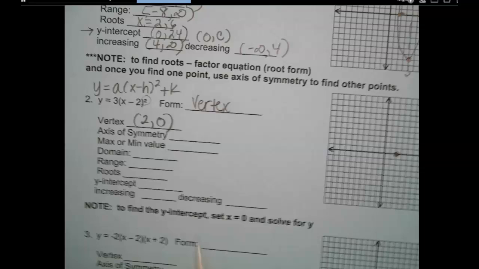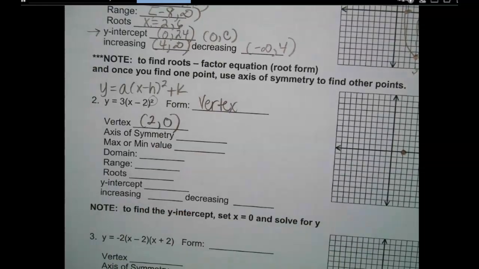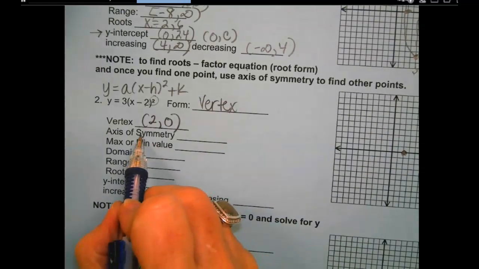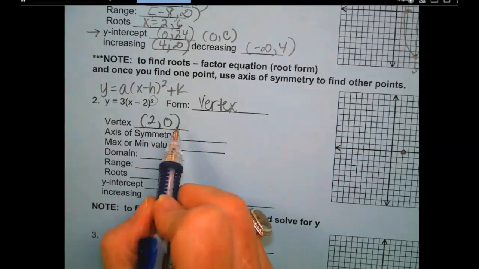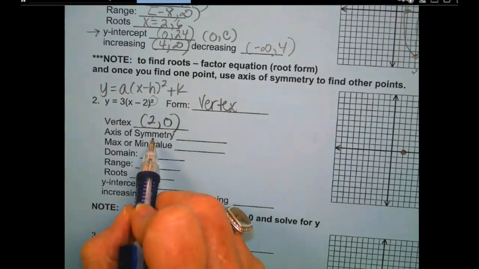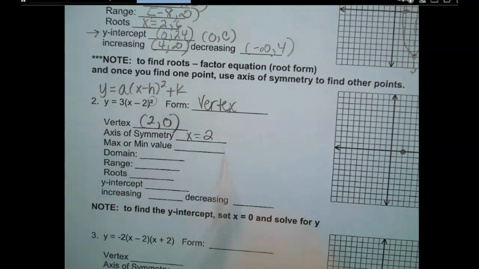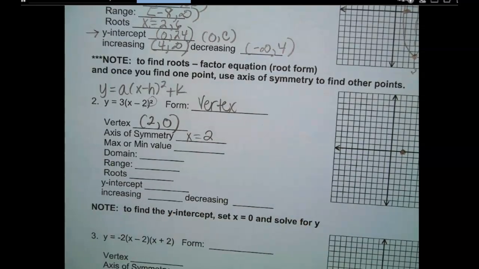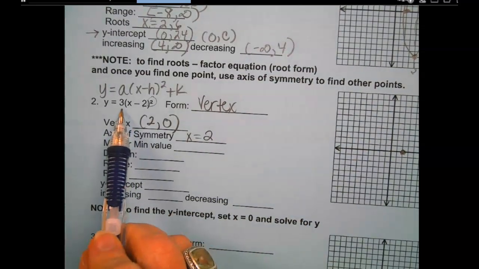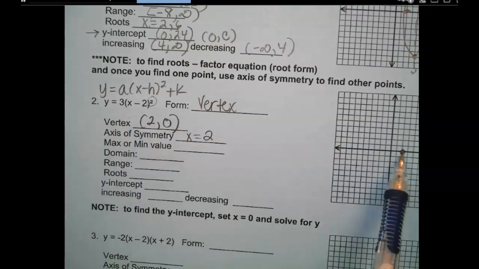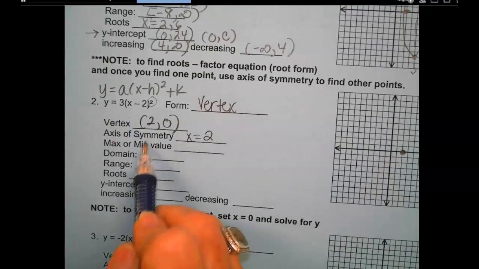All right. So let's just go through in order, though. The axis of symmetry, does that come from x or y? X. So x is 2. My A value, is it positive or negative? That's going to make the vertex a minimum.